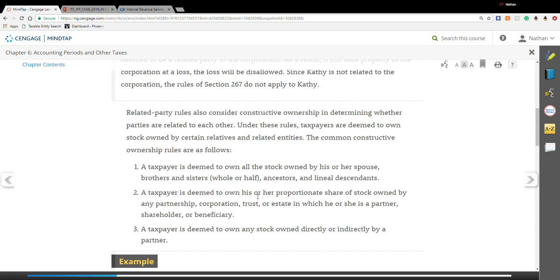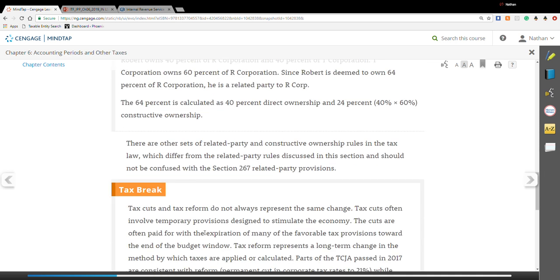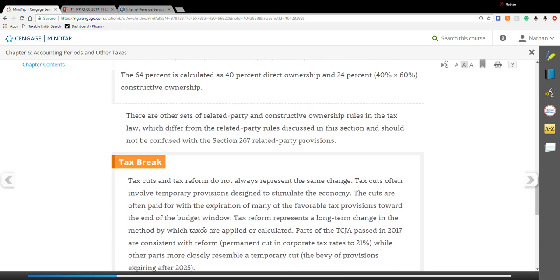A taxpayer is deemed to own his or her proportionate share of stock owned by any partnership, corporation, or trust. So this is that 50% one. And the taxpayer is deemed to own any stock owned directly or indirectly by a partner. That's kind of like another little brother or sister thing. So it tries to get into a little bit of here.